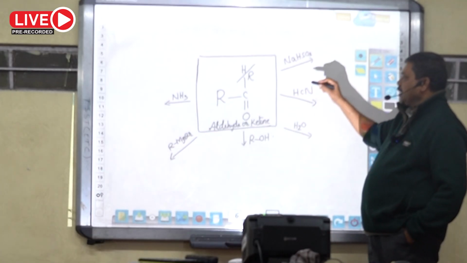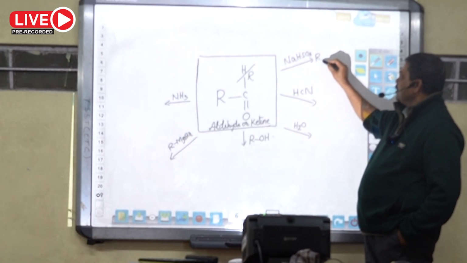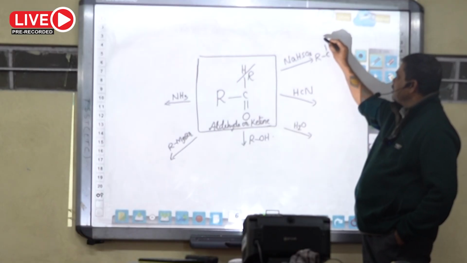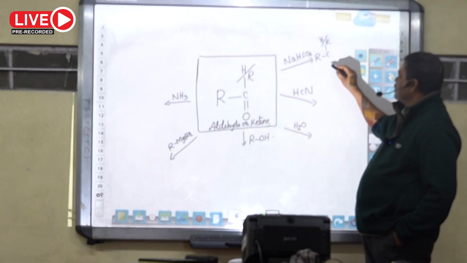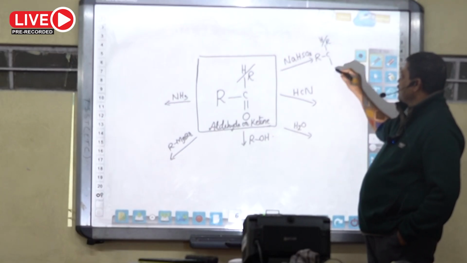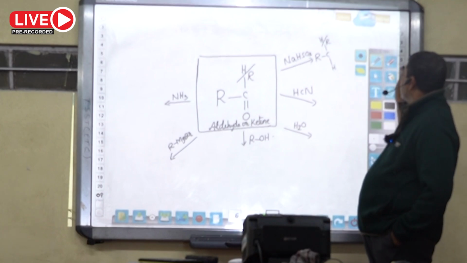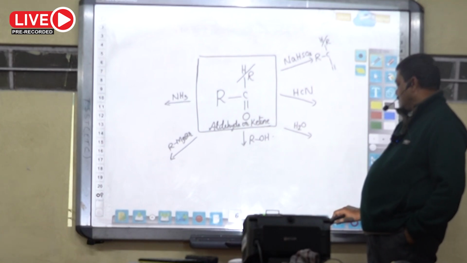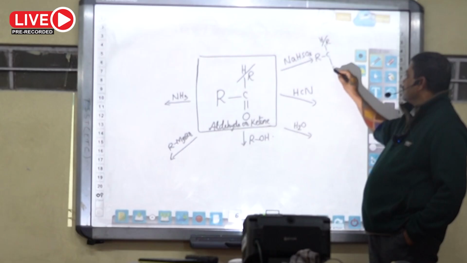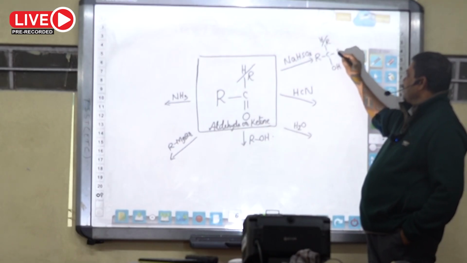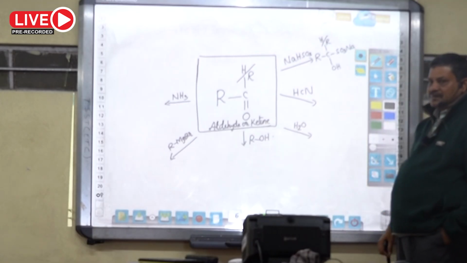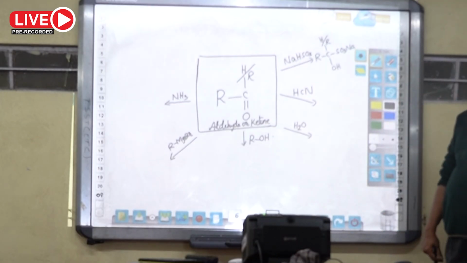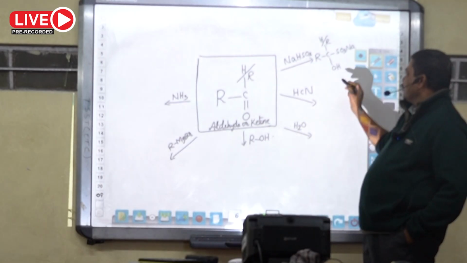So with sodium bisulfite, you will get RCH/R, this becomes OH, this becomes SO3Na.